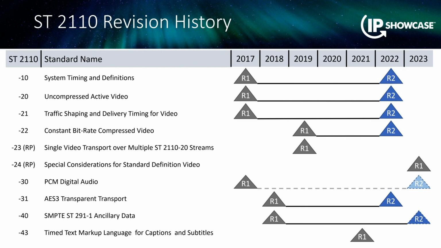What that means is that you don't have to follow this, but this is the way that we recommend that you handle two different things. Dash 23 talks about how you put one video essence over multiple different packet streams. And then you have 2110-24, which talks about how to do standard definition video.